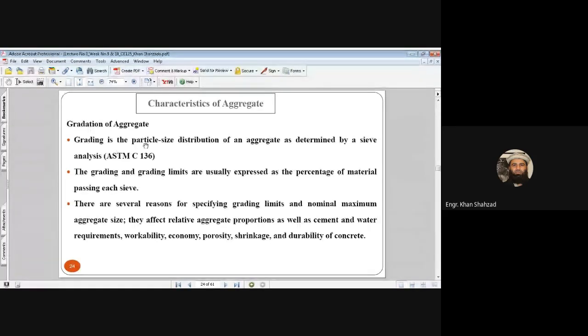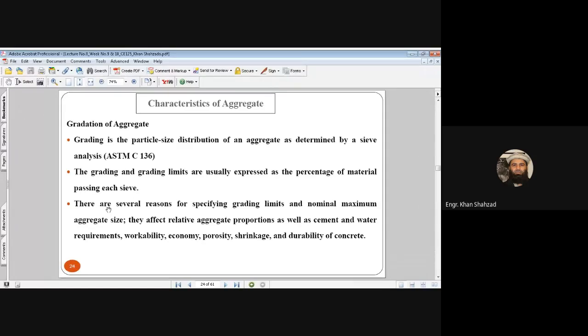So grading is the particle size distribution. How we can distribute the particle size of an aggregate is determined by a sieve analysis, and you can see the detail of this procedure in the ASTM C136 document. The grading and grading limits are usually expressed as the percentage of material passing from each sieve.